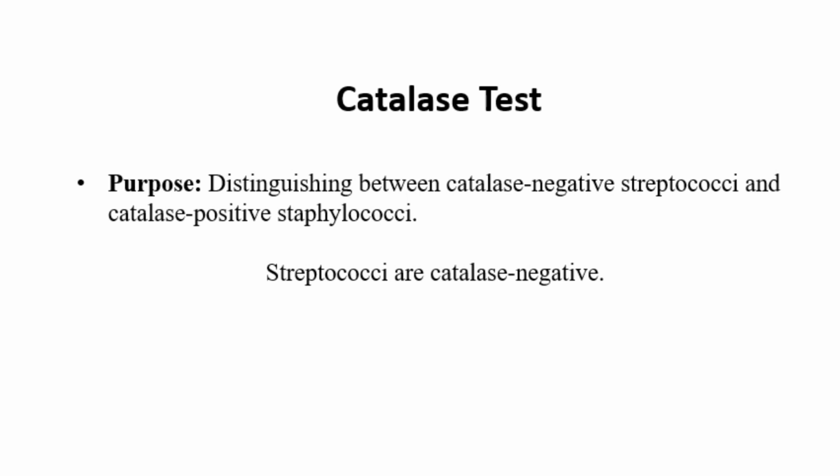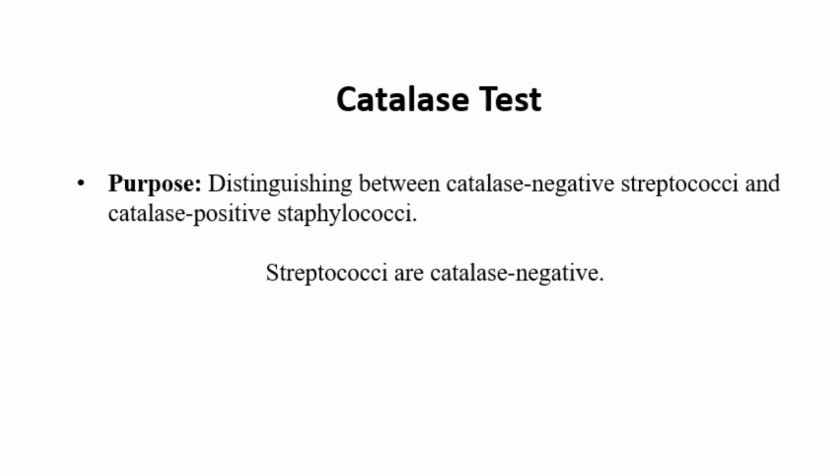Catalase negative bacteria are facultative anaerobes that only ferment and do not respire using oxygen as a terminal electron acceptor. Enterococci, streptococci, and lactococci are examples of catalase negative bacteria.